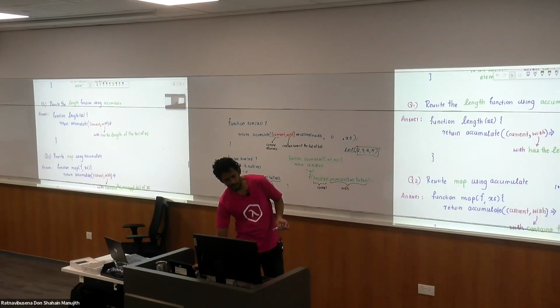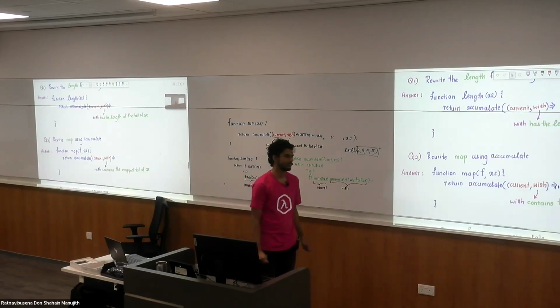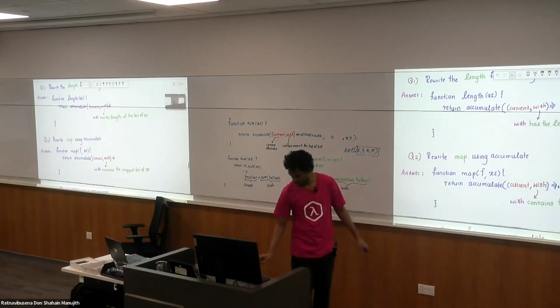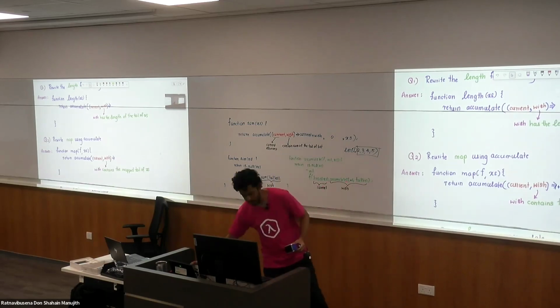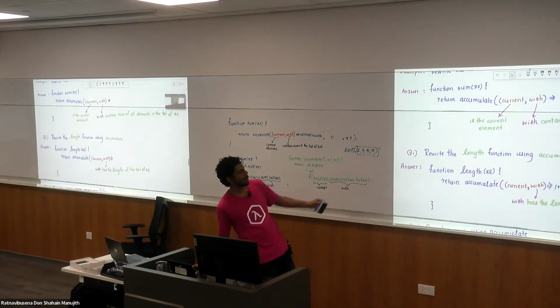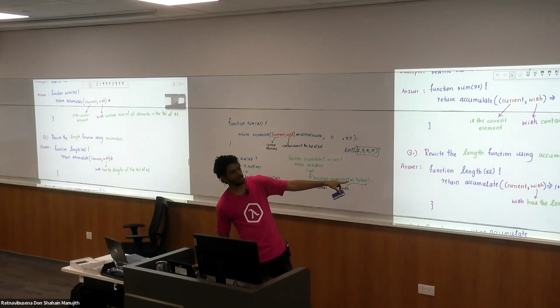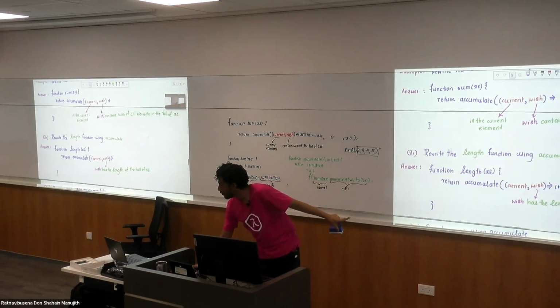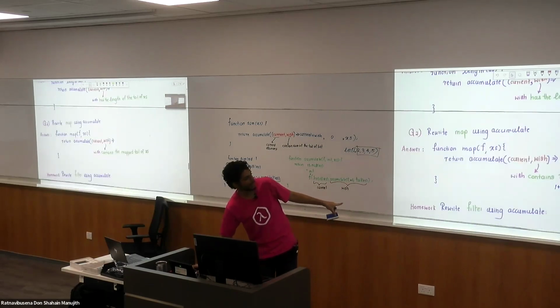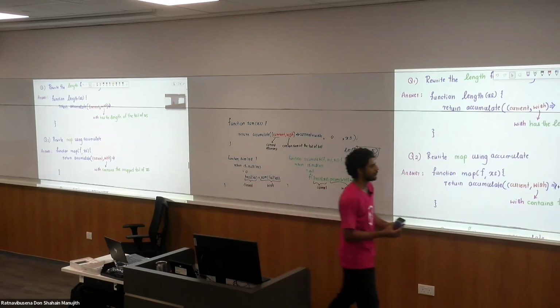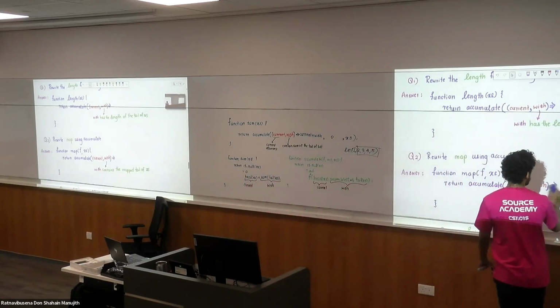Can you write map using accumulate? Before that, is this clear to everyone? Okay, so now write map using accumulate.